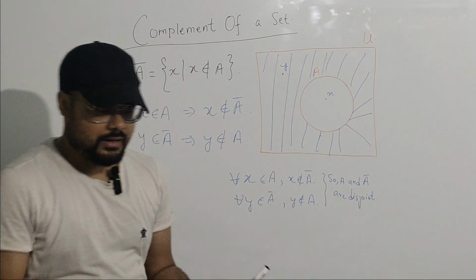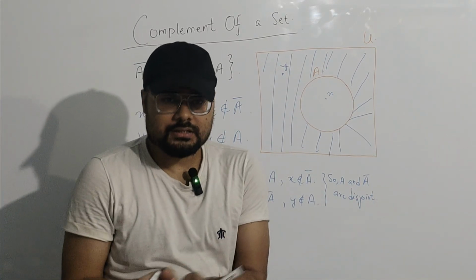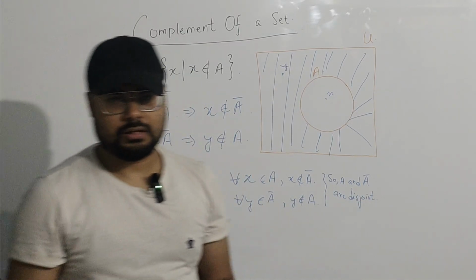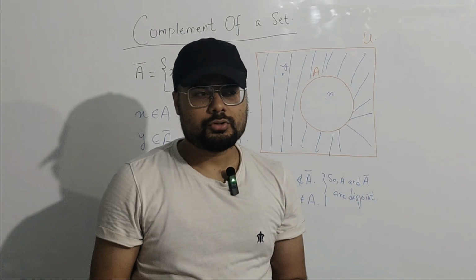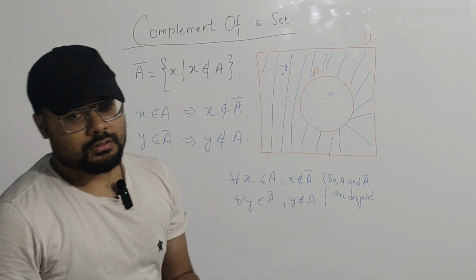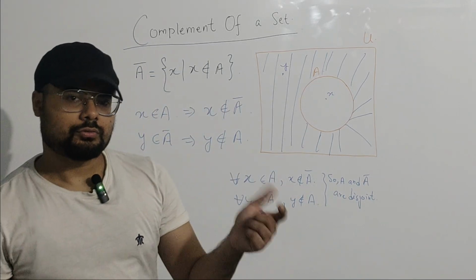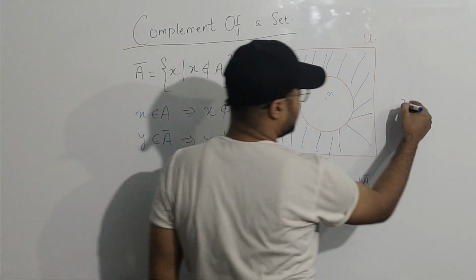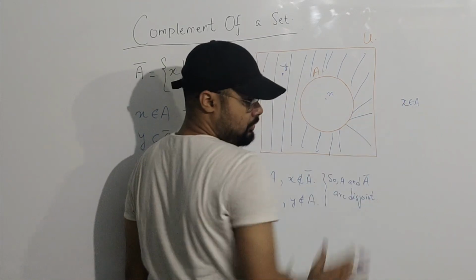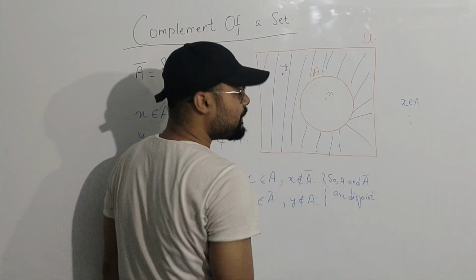So we have seen that for two given sets, if we have to show that one set is a subset of the other, say there is set A and set B, and you want to check whether set A is a subset of set B, then how do you do that? You take any element x that belongs to A. This is given, and from it you can make many inferences.